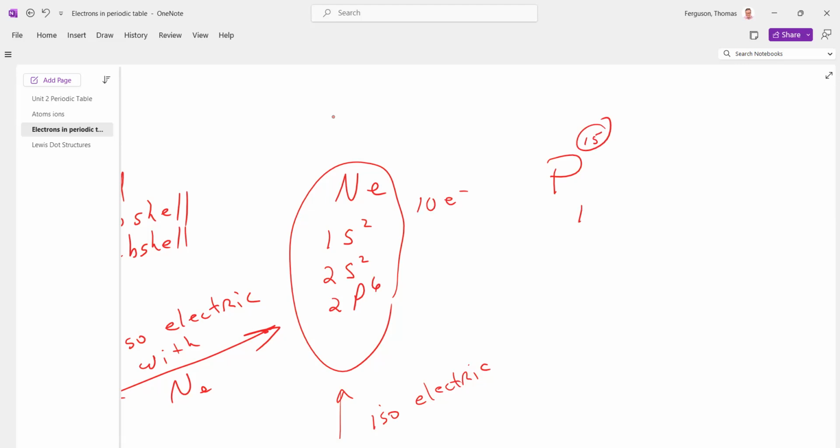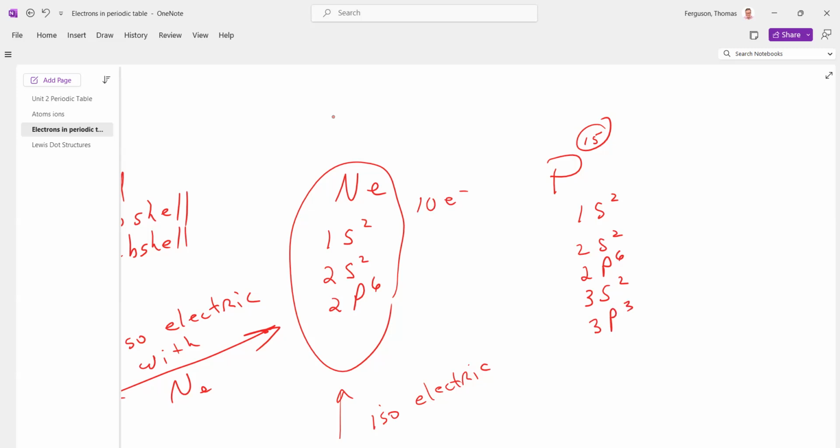So we're going to do 1s2, 2s2, that takes care of 4 of them, 2p6, that's 10, 3s2, and then how far over is phosphorus? 3. So we have 2, 2, 6, 2, 3. That adds up to 15.